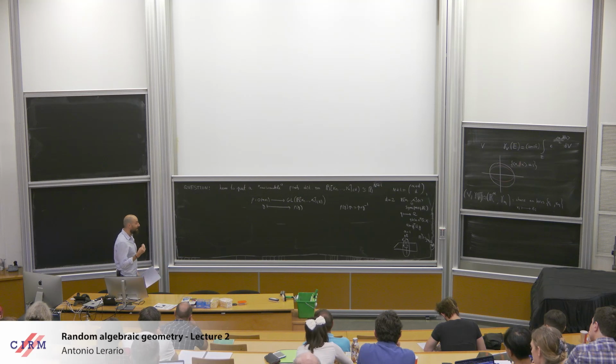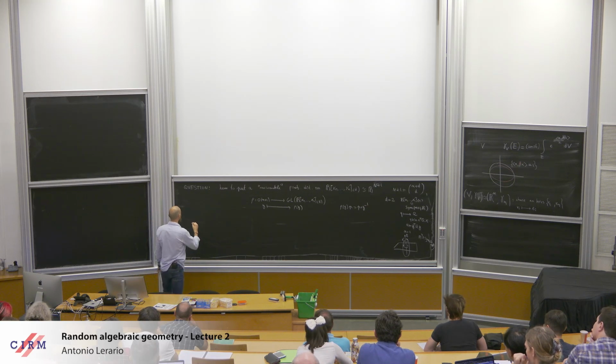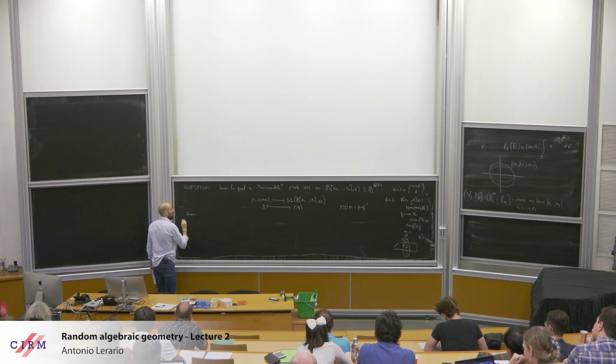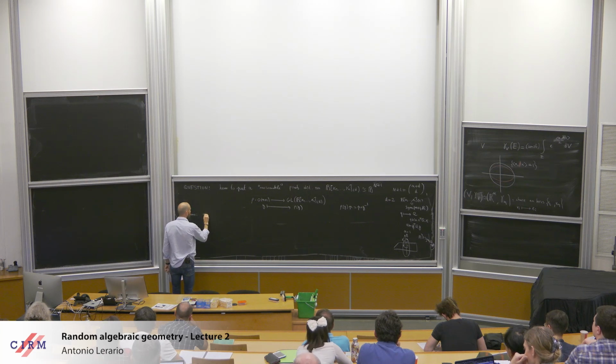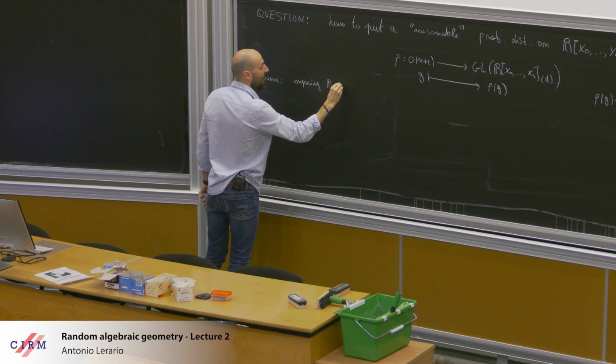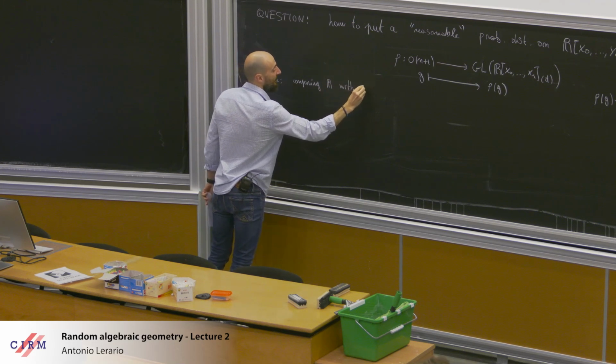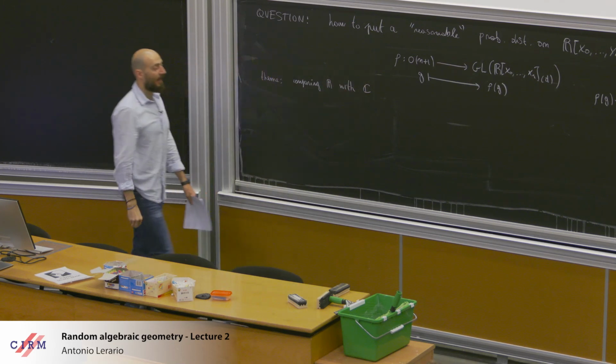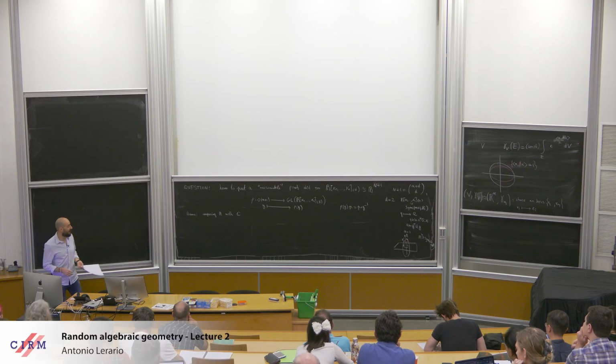And now there is really something cultural here, which I believe: there is a theme which is comparing the real world with the complex world. I think this is really a cultural thing, at least in this audience.